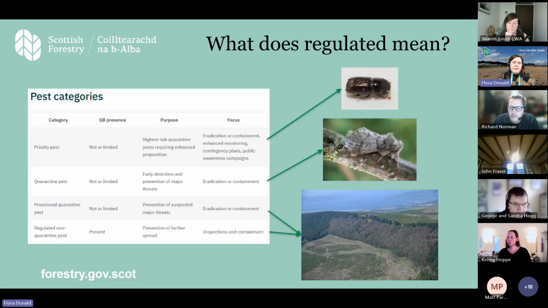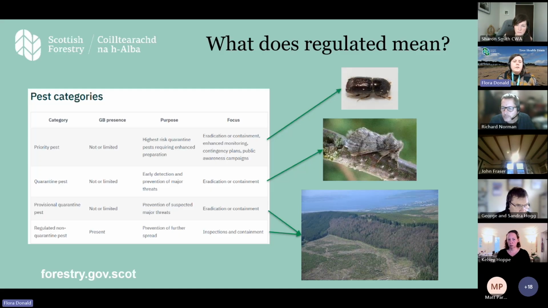It's a priority pest. Priority pests are listed in the legislative annex. There's, I think, maybe 12-ish species that affect trees in Scotland, and these are the big hitters. They're the ones where the damage that they cause is so significant environmentally, economically, and socially that we have to do extra preparation for them.